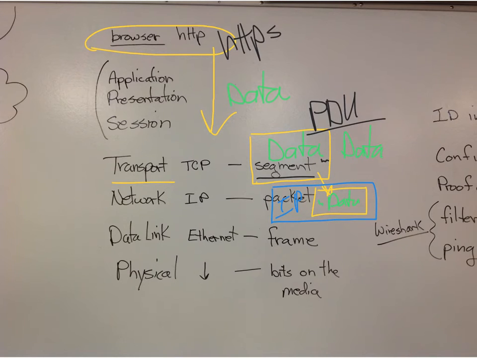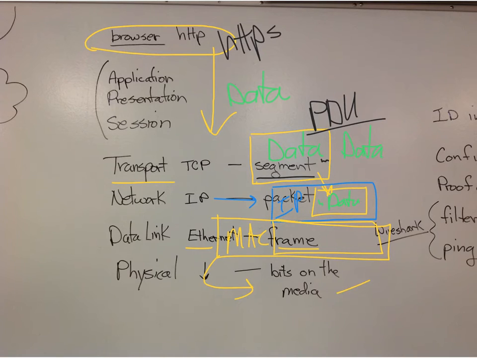Here we call it a packet. And then you move the whole thing down again and encapsulate it again. If it's Ethernet, then we'd have MAC addresses, and now we have a frame. And then the bits are put on the media: fiber, wire, in the air.